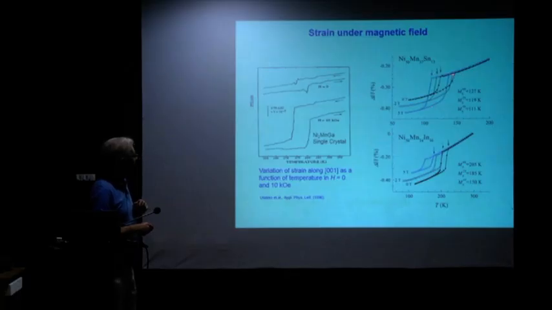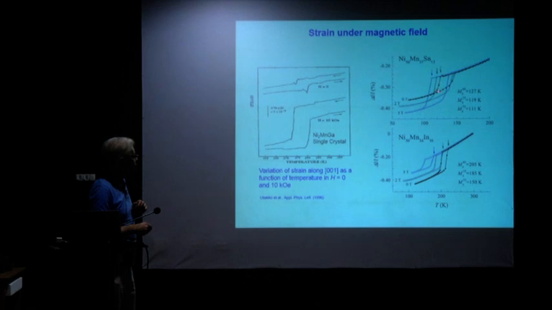What apparently seems to be happening is that at 0 Tesla, you're coming from the cubic to the Martensite state, and you have a certain change.